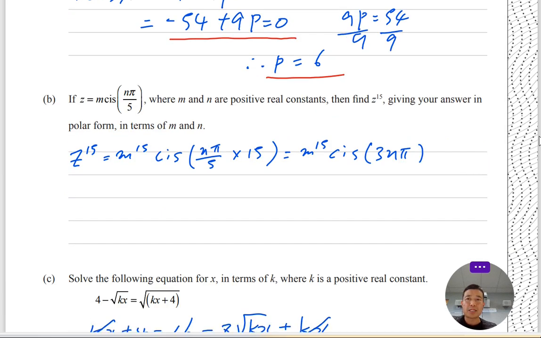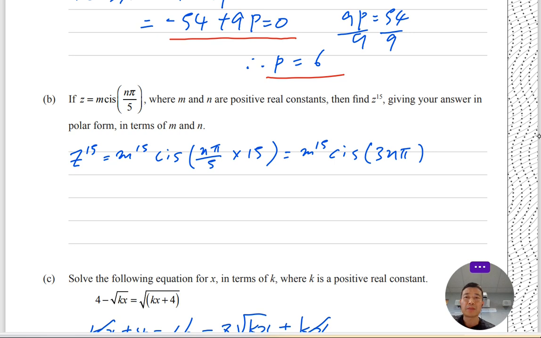Question B, if z equals m cis n pi over 5, where m and n are positive real constants, then find z to the power of 15, giving your answer in polar form in terms of m and n. So as you know, the reason why we use a polar form is because of this product rule, isn't it?